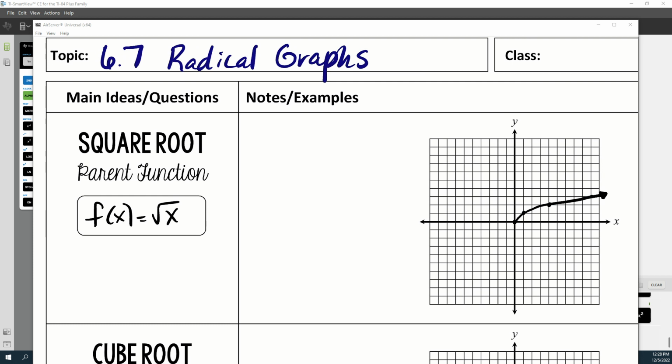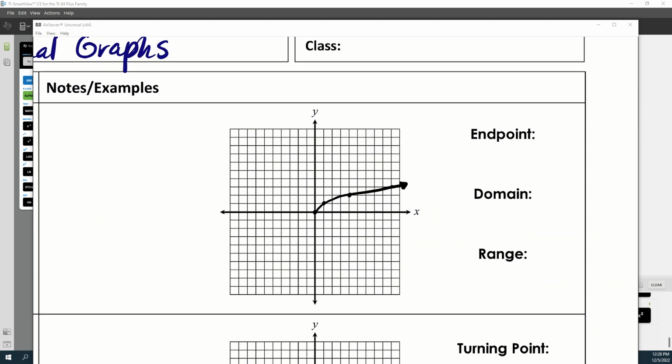And so what I'm going to have you do today is to tell the domain and range of these functions. The endpoint of the parent function is this point right here, and it's at (0, 0). The domain describes all the x values where you have something graphed.